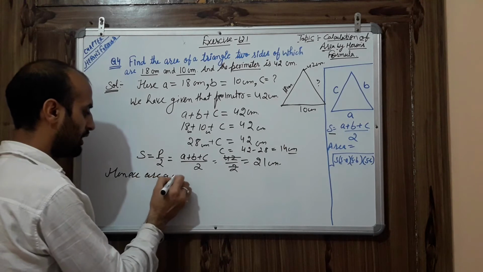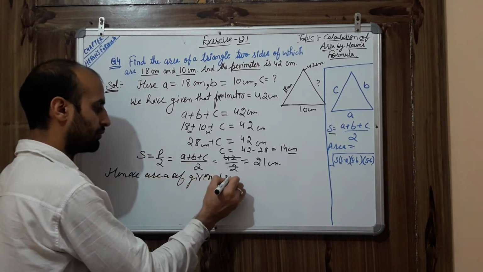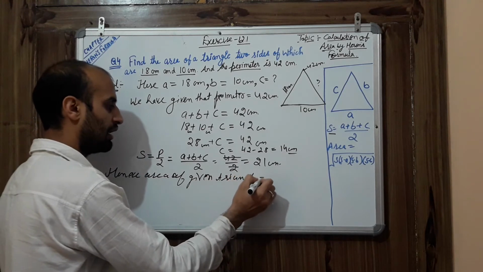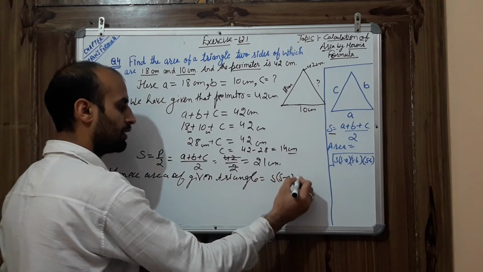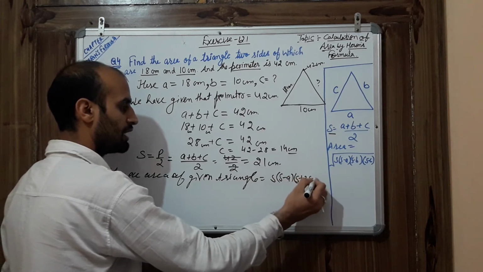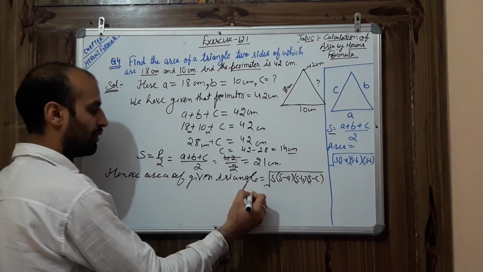Hence the area of the given triangle is equal to the square root of S into S minus A, S minus B, S minus C. So substitute the value now.